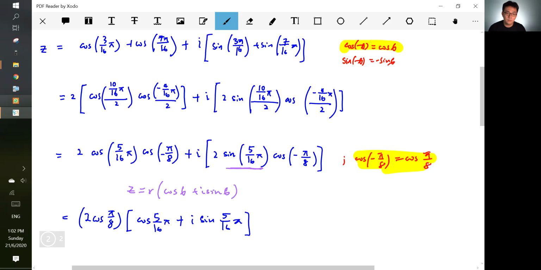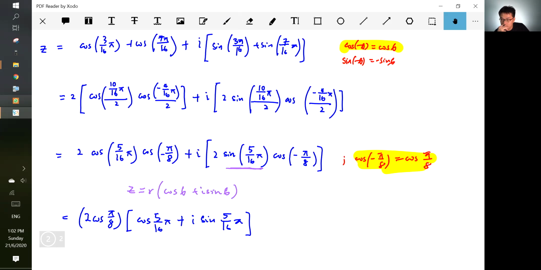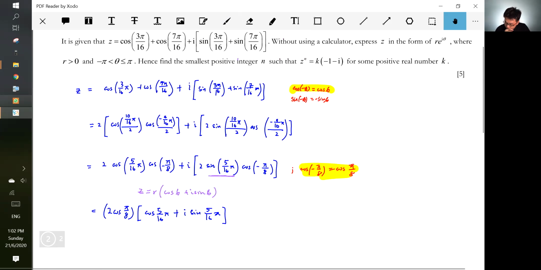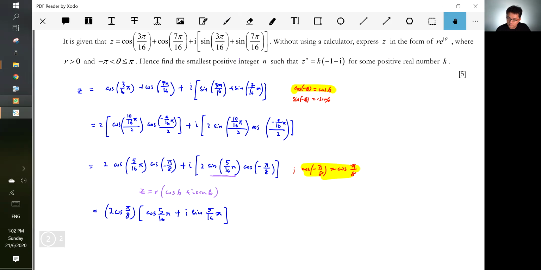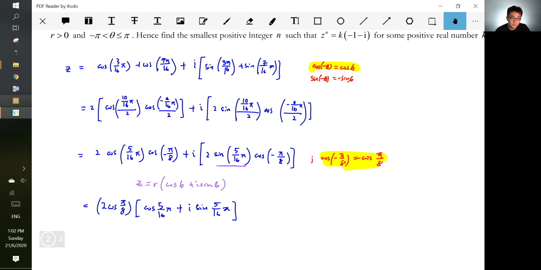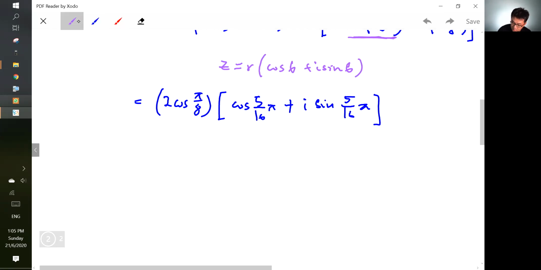Okay, like that. This part is important. Question? I'll just pause here for a while. Next part is basically, this is your r.